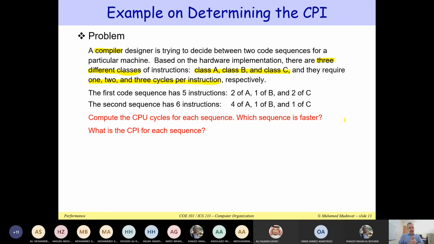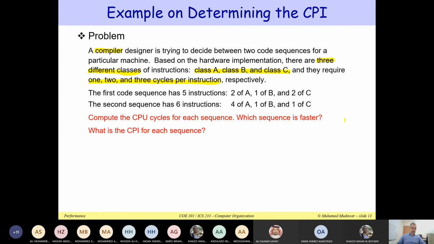They require 1, 2, and 3 cycles per instruction. In other words, class A can be, let us say, the ALU instructions, and every instruction of class A will require 1 cycle. Every instruction of class B will require 2 cycles, and every instruction of class C will require 3 cycles. That's very simple. Now, the compiler designer can generate two code sequences for the same program, which is written in high level.